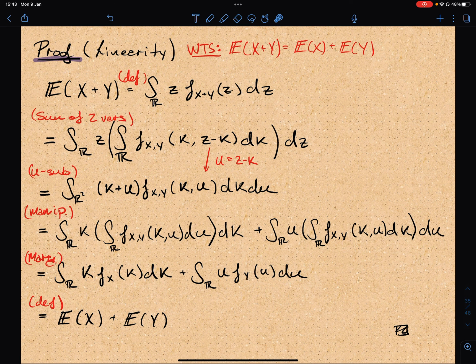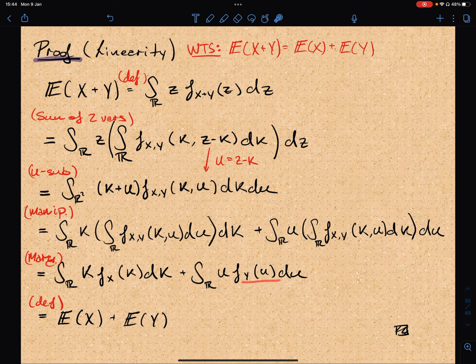You can recognize from the previous example that the term in the parentheses is the marginal distribution of X, because I'm summing over all u and keeping k fixed. Similarly, for this term, I keep u fixed and sum over all k's, so this is dk, and it gives the marginal distribution with respect to Y.